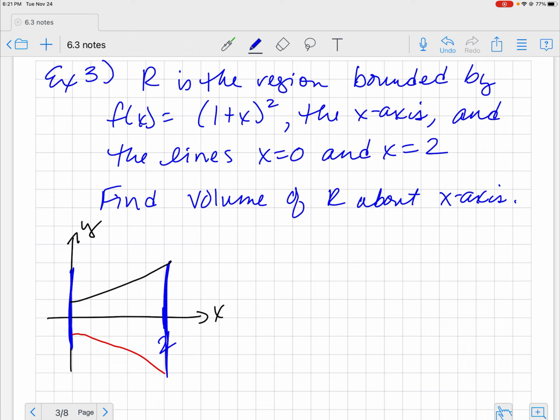This is out here at 2. So I'm swinging this thing around, and I have this solid of revolution that's coming back through here because I'm swinging this around that axis.